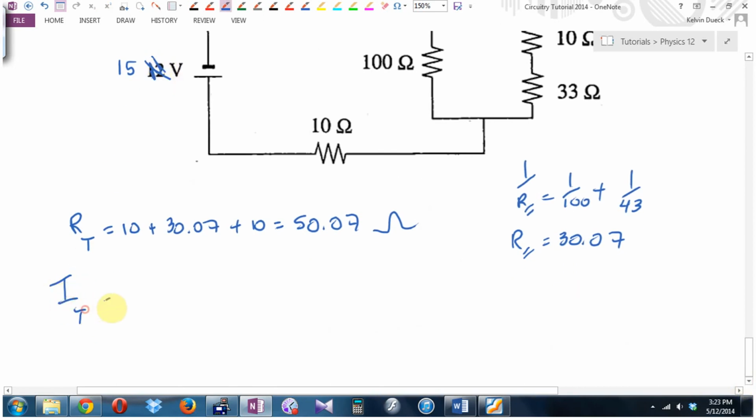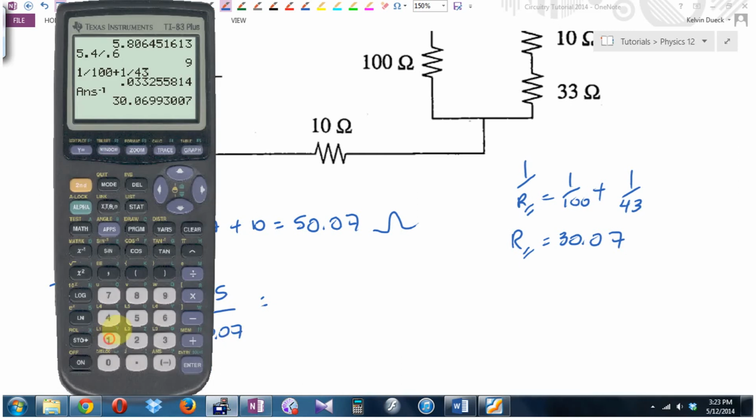So total current is going to be V total over R total. It's going to be 15 over 50.07. Probably supposed to be 0.3, but I'll go 0.2996 amps.